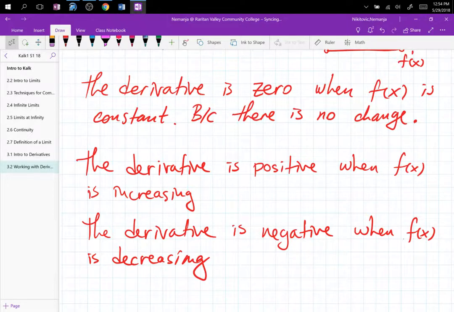So the derivative is 0. The derivative is positive, meaning I am making money. The derivative is negative. For a very short period of time I lost. And then the derivative over here I said flat again. And then positive again.